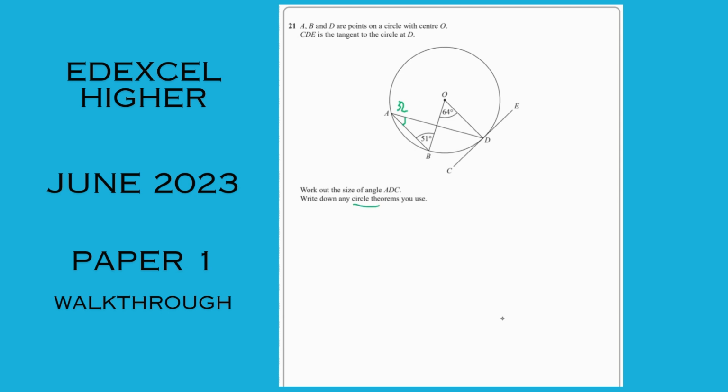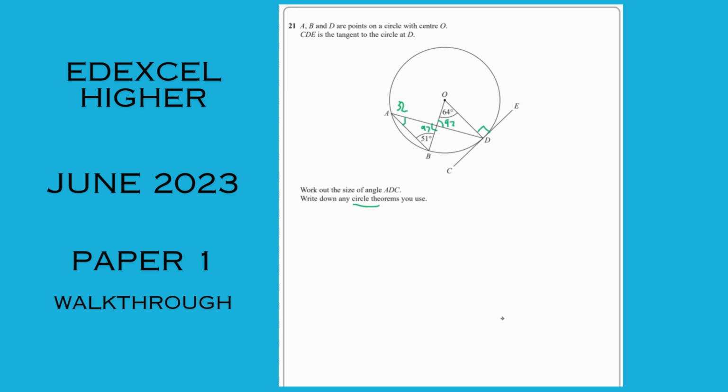The second circle theorem, and the final one, is that the radius meets the tangent at 90. The rest of the work is all about triangles. So these two angles are equal and opposite, and we can work out how big they are by doing 32 plus 51 is 83. So that has a size, they're both 97.